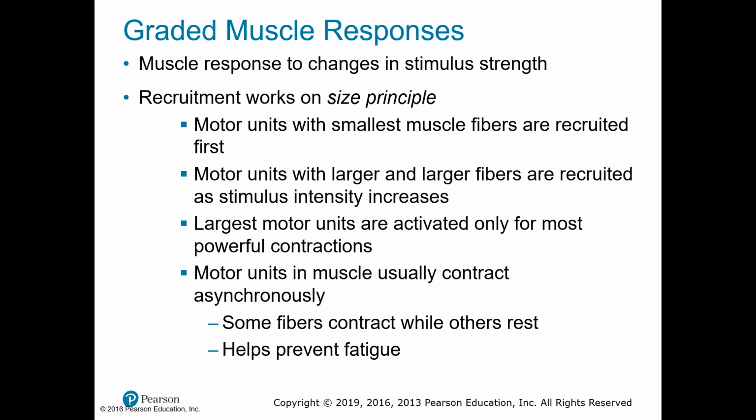We always start with the smallest motor units and then work up, because if we use the largest motor units first, we have much less control. We have great control over the small motor units. The larger motor units are more for posture and position and stuff like that. Why do we want to bring those in if we don't need to?